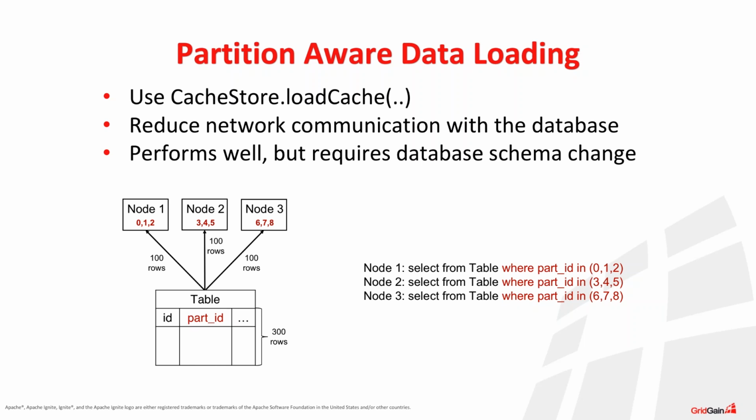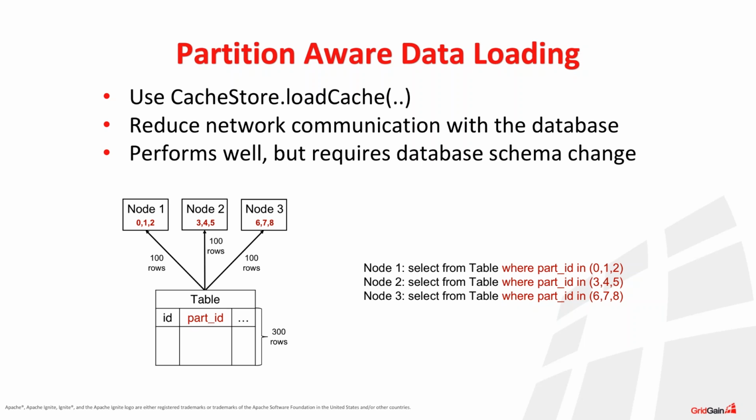To overcome this problem, you can use another approach that we call the partition-aware data loading approach. On this picture, imagine you have 3 nodes and 9 partitions, and partitions are distributed across nodes like shown here: 0, 1, 2 on node 1, 3, 4, 5 on node 2, 6, 7, 8 on node 3.